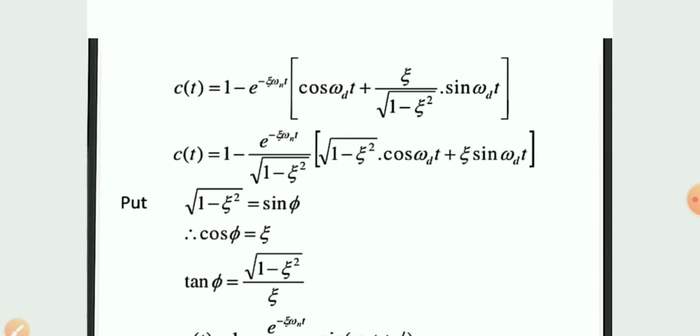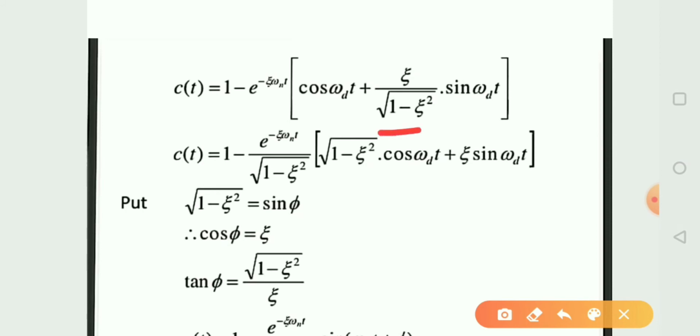Now if we take common the term root of 1 minus ζ², then this equation becomes like this: 1 minus e to the power −ζωn t over root of 1 minus ζ², into [root of 1 minus ζ² cos ωd t plus ζ sin ωd t].